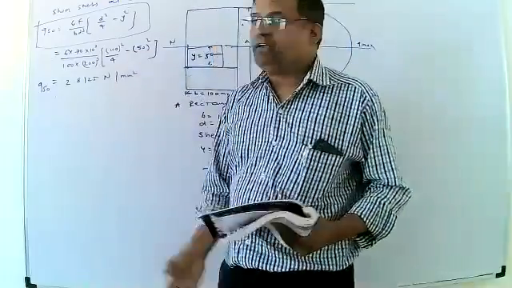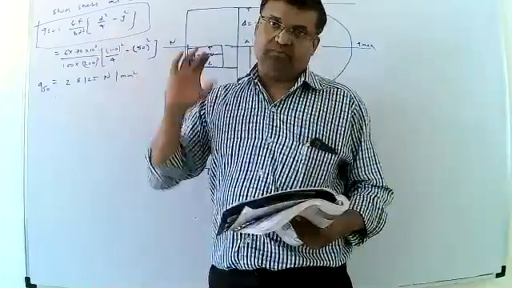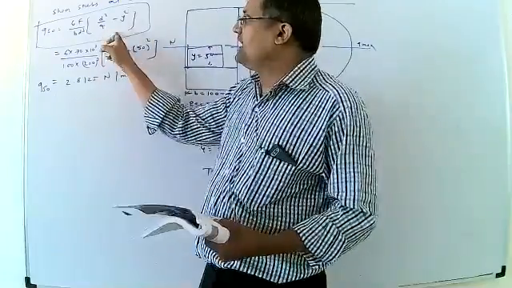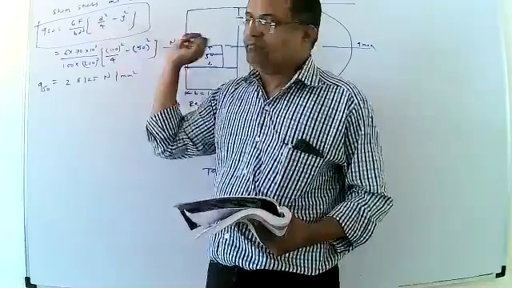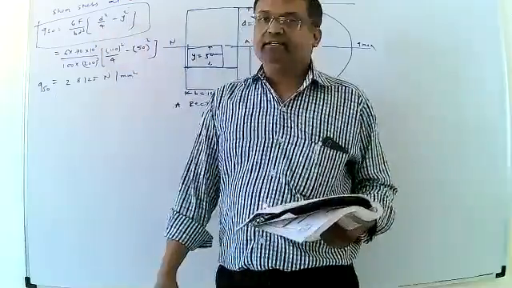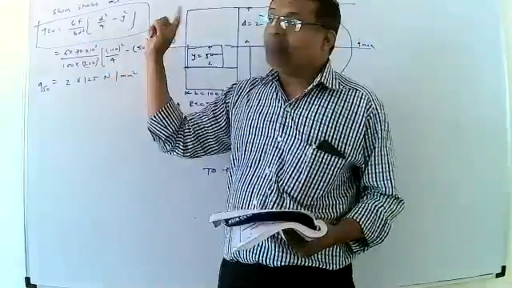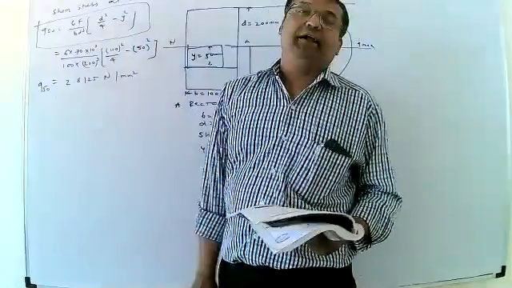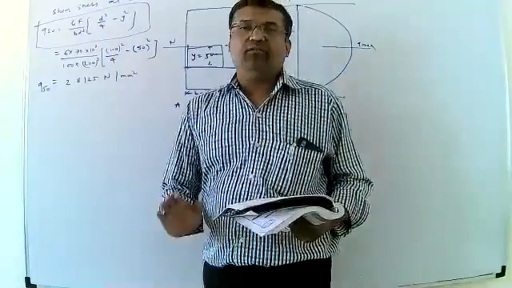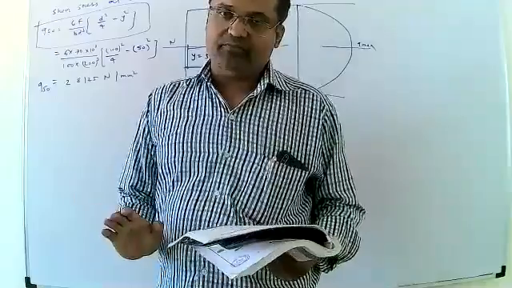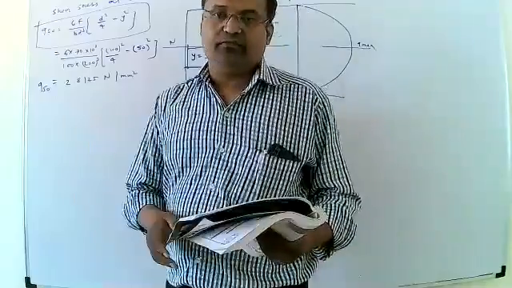In the same manner. In this problem we can use only one formula: q at distance y is equal to 6F upon b d cube into, in bracket, d square upon 4 minus y square. That formula is applicable for this problem.